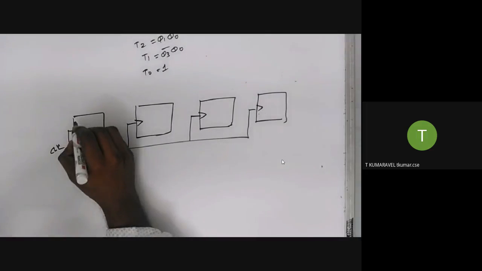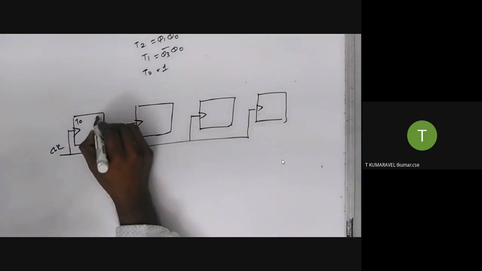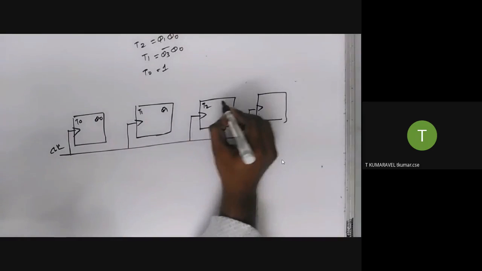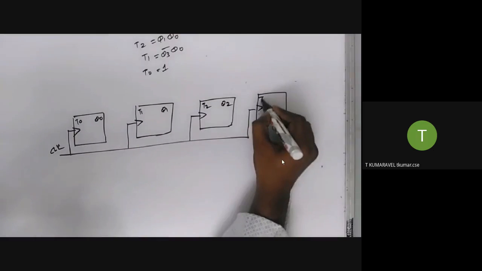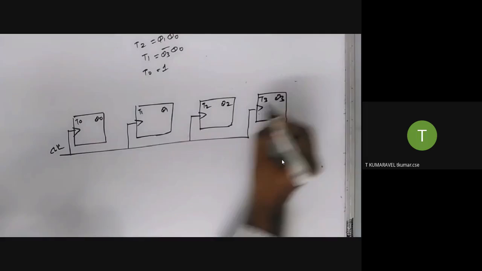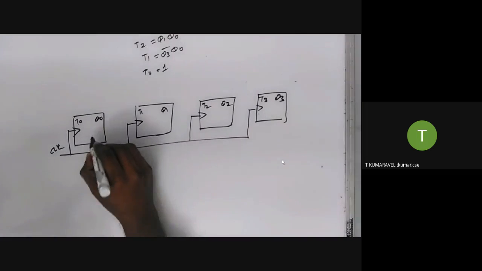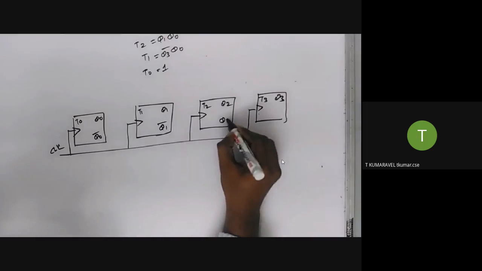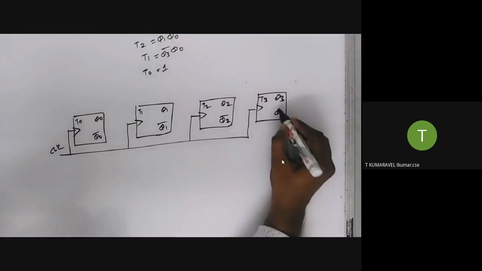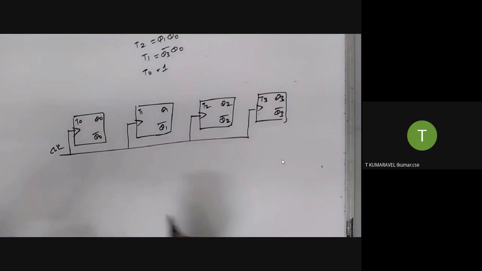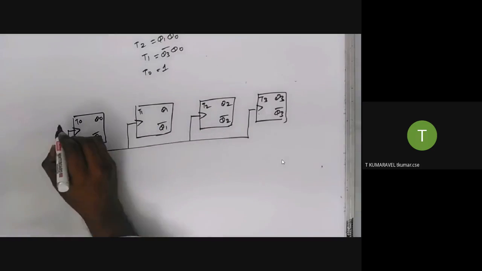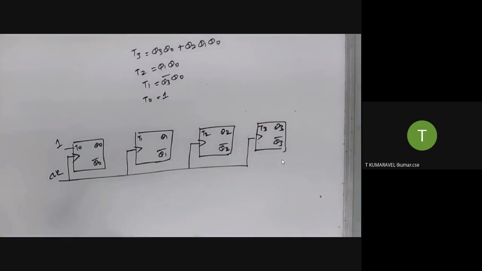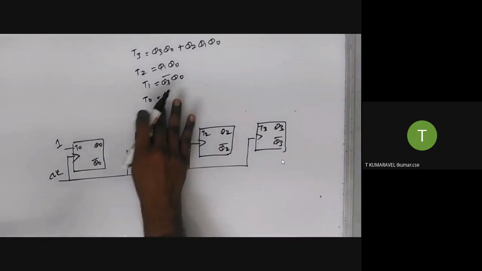This is the first one: T0, Q0, T1, Q1, T2, Q2, T3, Q3, and these are Q1 bar, Q2 bar, and Q3 bar. So what is the input for T0? T0 value equals 1.